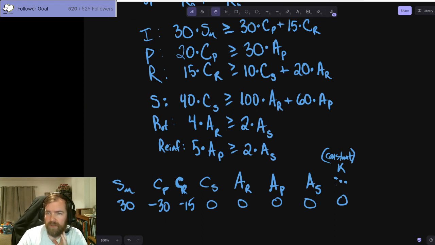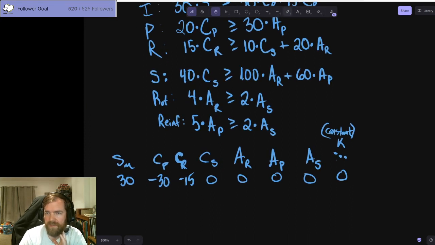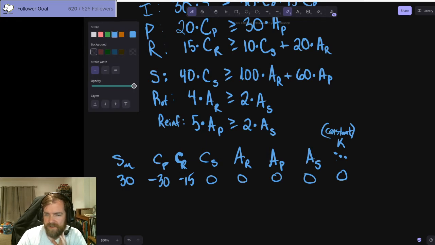There's just literally nothing here to use. This one's going to be 20 CP minus AP 30 P. Zeros everywhere else.